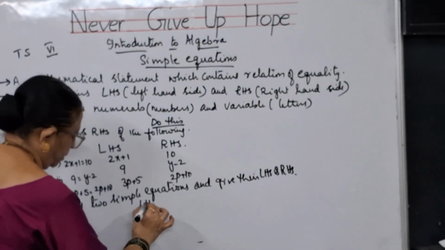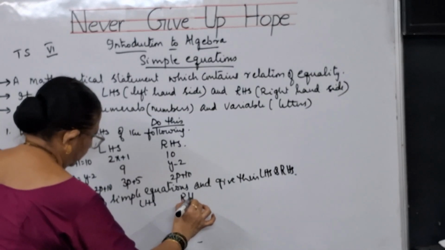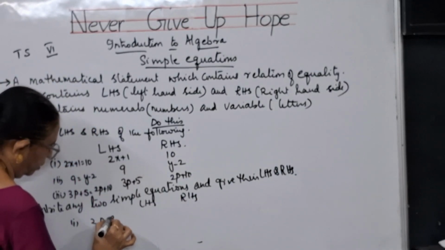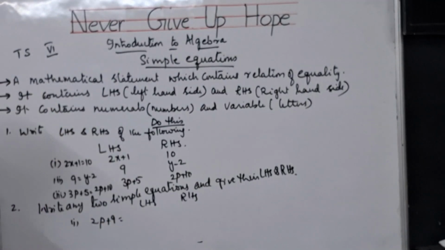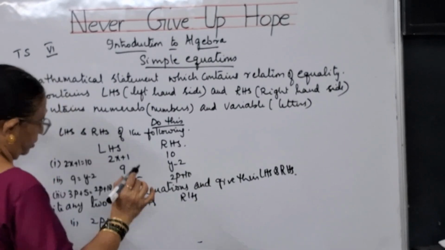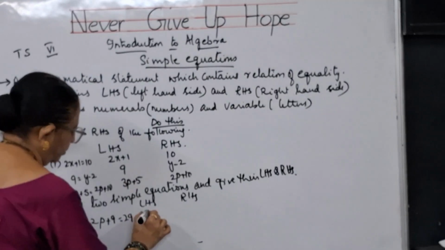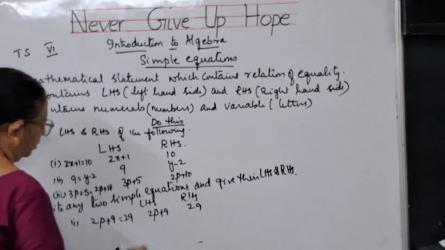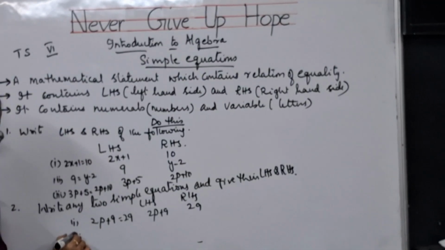As an example, I should write the first one. Here I will write LHS and here I will write RHS. First one, 2p plus 9 is equal to 29. So LHS is 2p plus 9, RHS is 29.